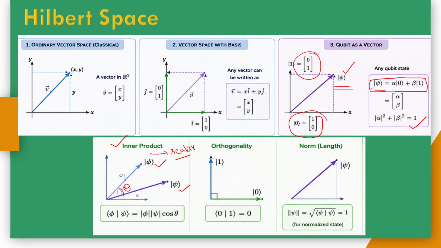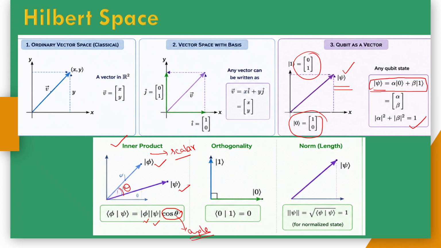The inner product between phi and psi equals the magnitude of phi times the magnitude of psi times cos theta. So we can measure the inner product, and by using this formula we can also measure the angle between these two.